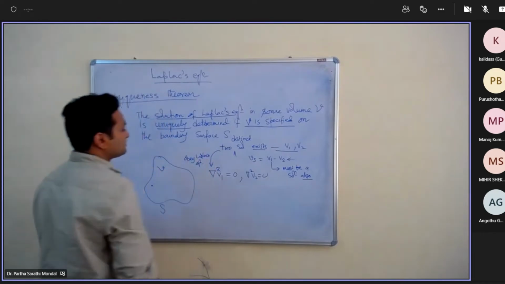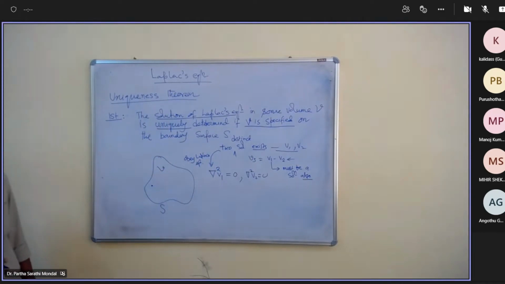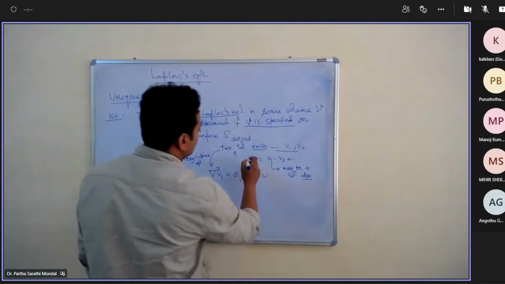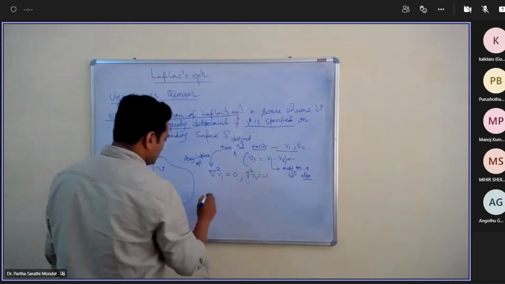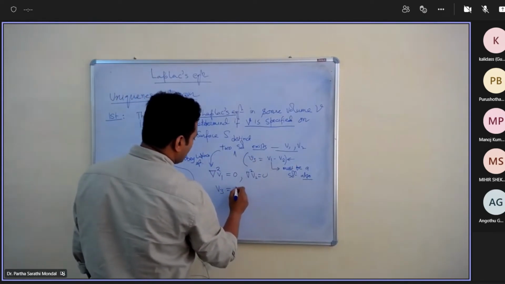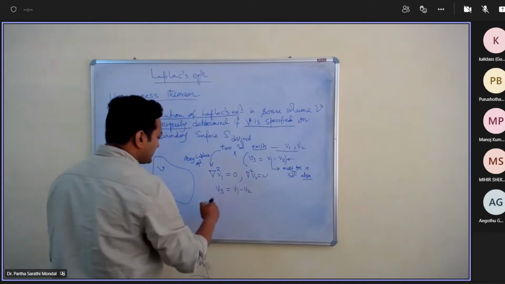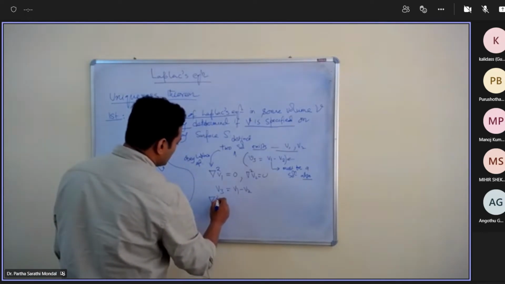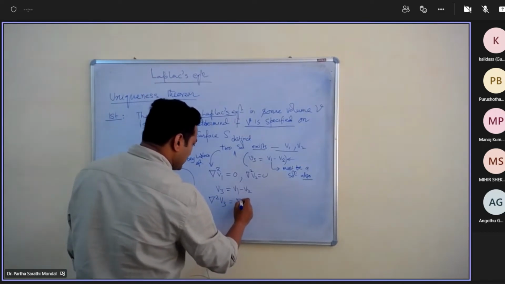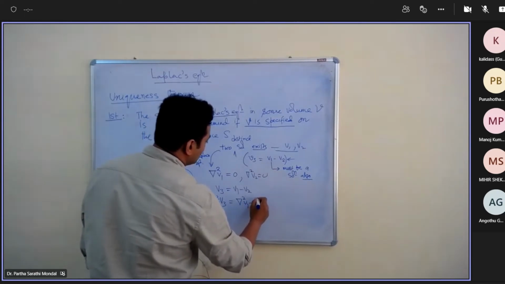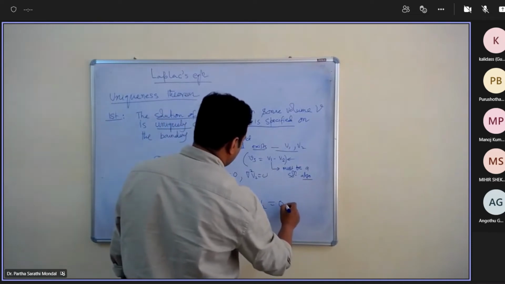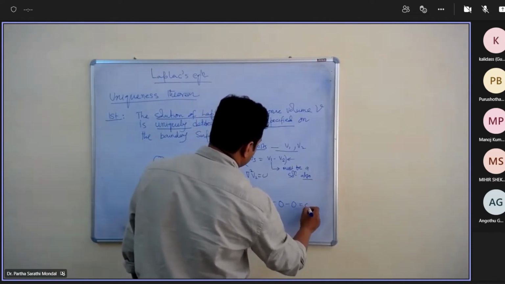Now what we can do very simply is operate on this with the del square operator on both sides. So we have V3 equal to V1 minus V2. Operating with del square on both sides, del square V3 equals del square V1 minus del square V2. We know del square V1 is 0 and del square V2 is 0.